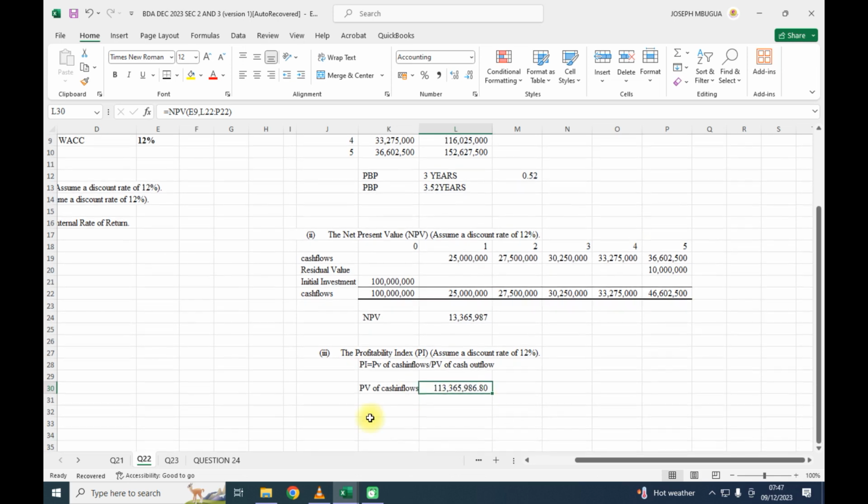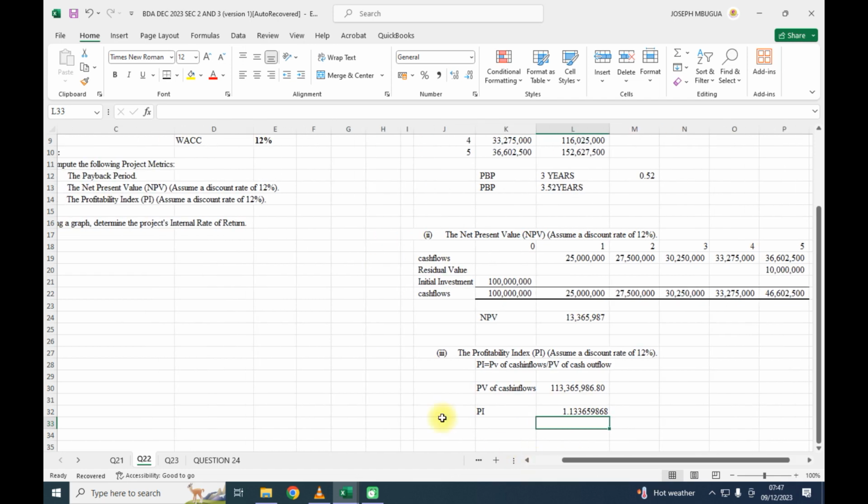So our profitability index will be present value of inflow divided by present value of outflow, and you'll get a PI of 1.1333.